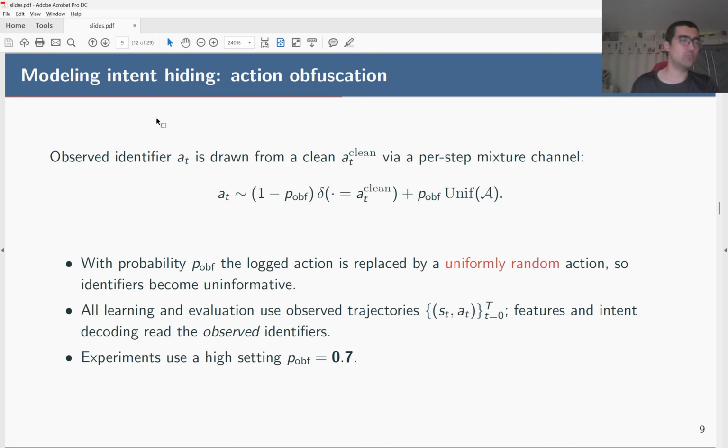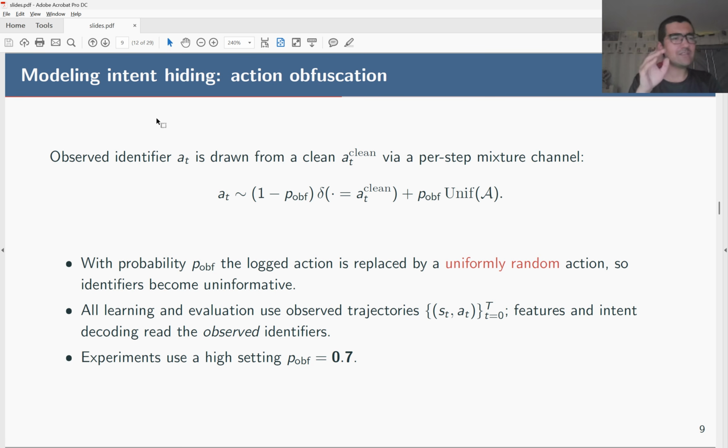The effect is intuitive. As p grows, the action identifiers carry less and less information, so a method that just reads the action labels has the rug pulled out from under it. Crucially, all learning and all evaluation happen on these observed transactions, like trajectories, features, and intent decoding only ever see the corrupted identifiers, never the clean ones.